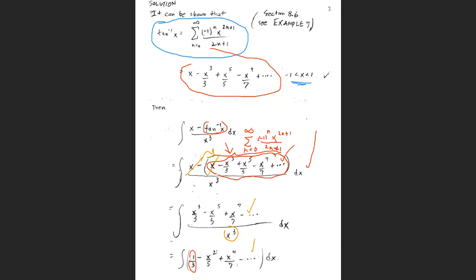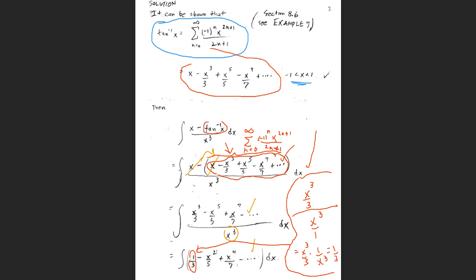Well, if I take x cubed over 3 and divide it by x cubed, that's x cubed over 3 times 1 over x cubed, and that gets me 1/3. See? That's how I get the 1/3.